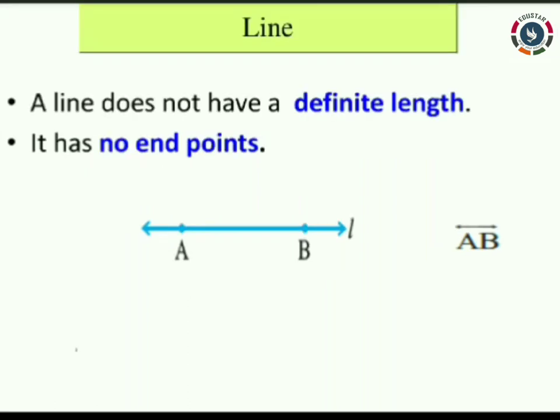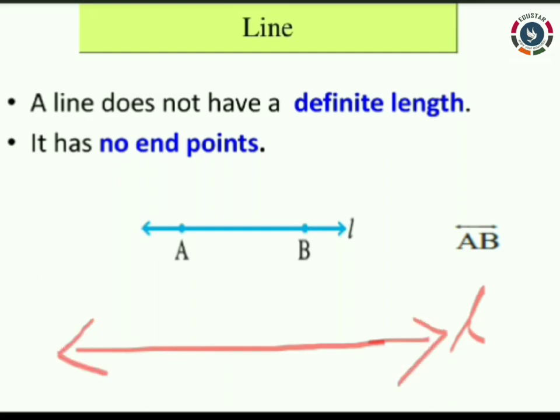Let's see, it's one line, right? For a line you have to draw arrow marks at both ends because it does not have any starting point and ending point. The line will continuously keep on going in both directions. Now A is one point on line L, like that.